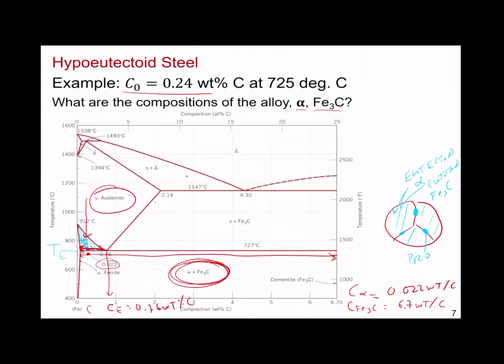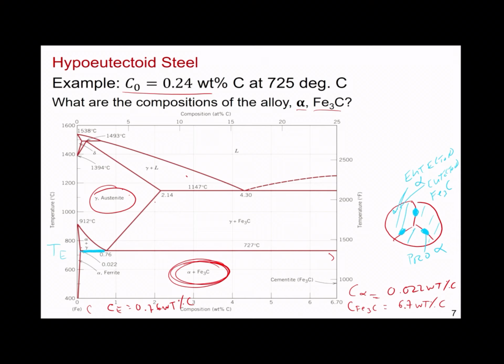So why does this matter to you to know where the 0.76 weight percent carbon is? Because the 0.76 weight percent tells you how to determine the phase fraction of these blobs of the pro-eutectoid alpha. You need that information to use the lever rule right here.